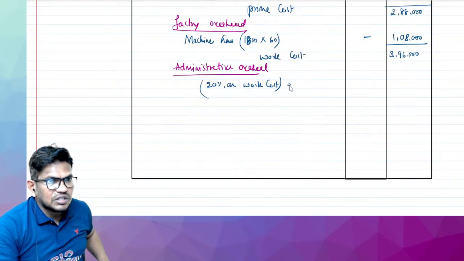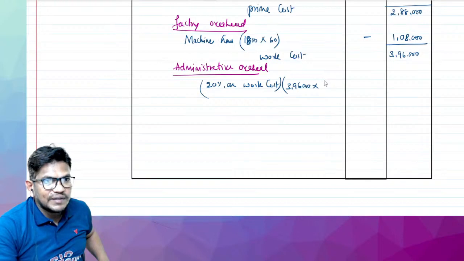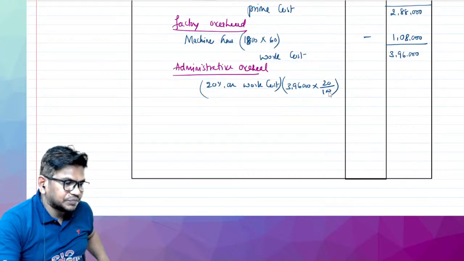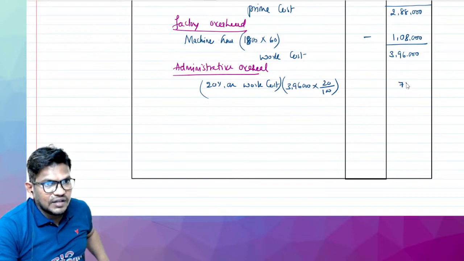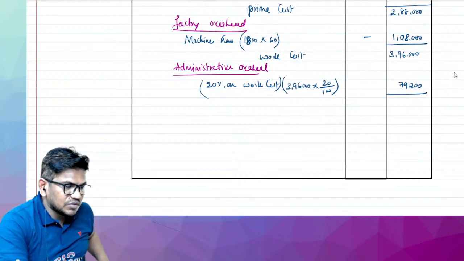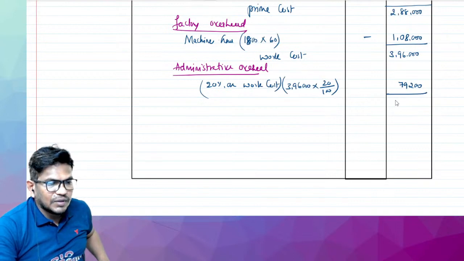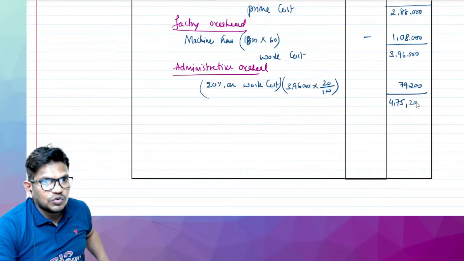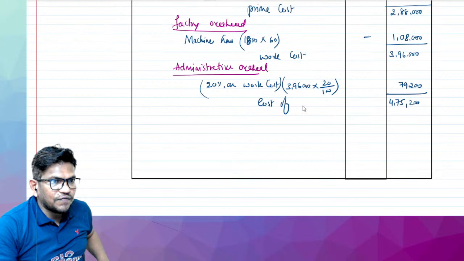Work cost is how much? 3,96,000, right? Into 20%, how much does this come to? 79,200. Add it to 3,96,000, it is worth 4,75,200. Children, this is your cost of production, right?